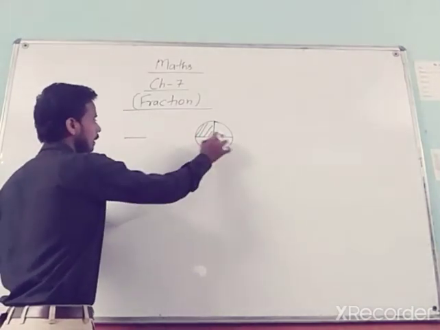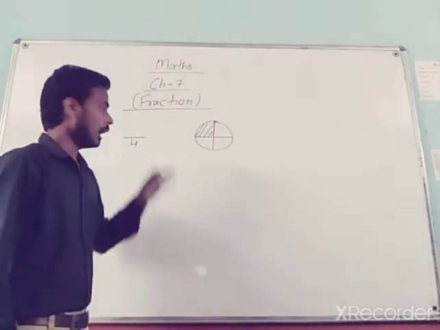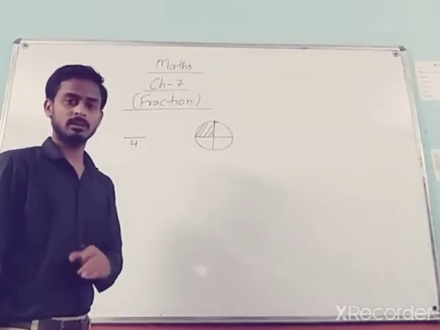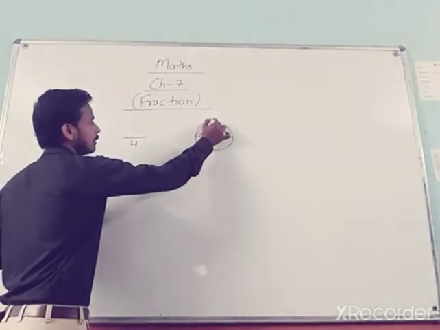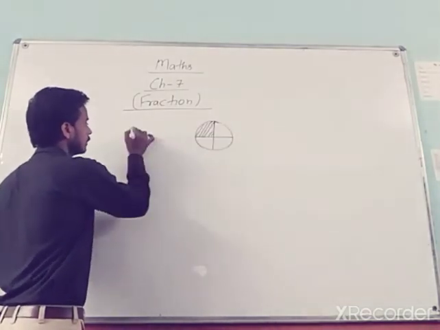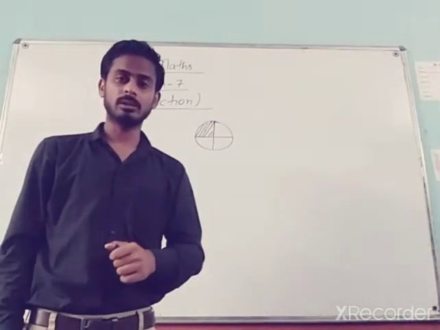the total number of parts we will write below, and it is called the denominator. Now the number of parts which have been counted, we will write above, and it's called the numerator.